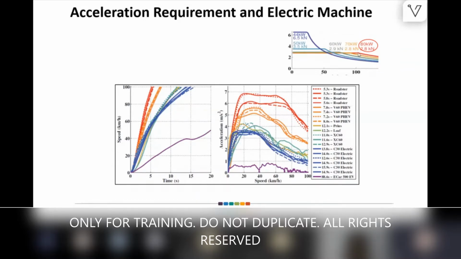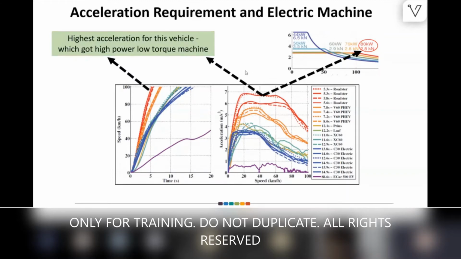You can see the base speed, as we call it, from where the torque starts dropping. This corner point is called base speed. The base speed of this machine is very high, so you can see the acceleration is sustained here. There can be such elements in your design, and we have to consider all of them before we make any decision. Many times we consider that the better the peak torque of the machine, the better, and we pick that, but that's not the case here.